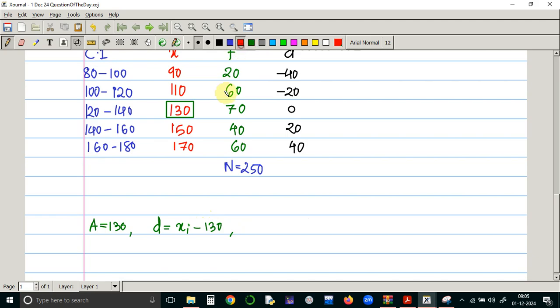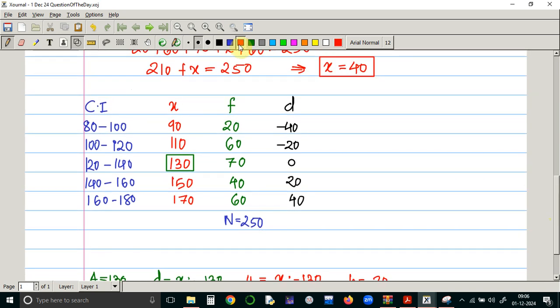Now the step deviation over here is u. u is xi minus 130 divided by h, where h is the class width, which is fixed at 20. I'm just writing these formulas as a formality, otherwise the table needs to be filled with these numbers: 0, minus 1, minus 2, 1 and 2.